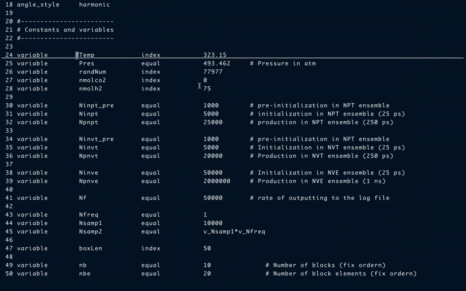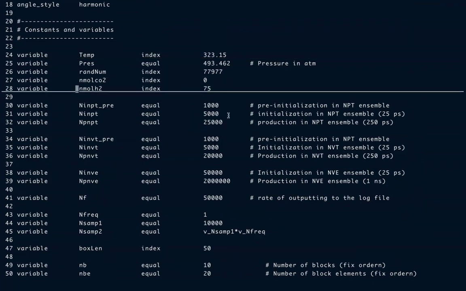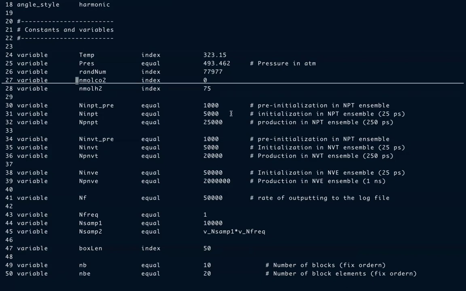Now, the only message of warning here is that when you're choosing a very low number of molecules, be aware that these molecules can be in a very small box, because your pressure is high and the number of molecules is low, which means that your box can be quite tiny.